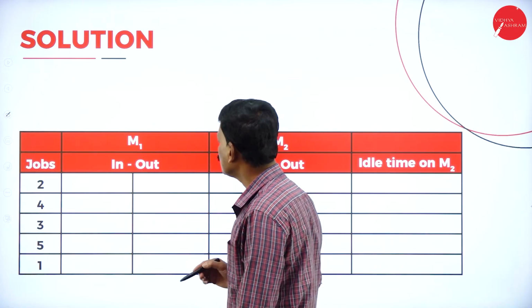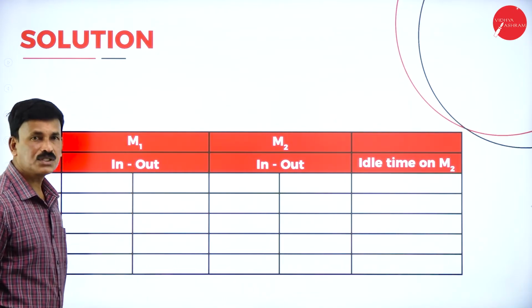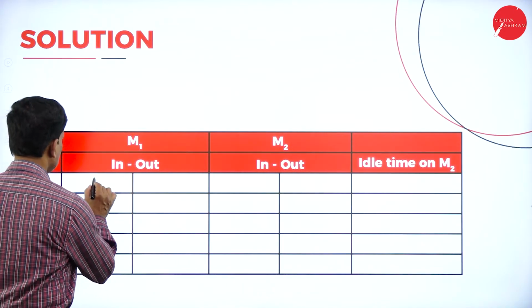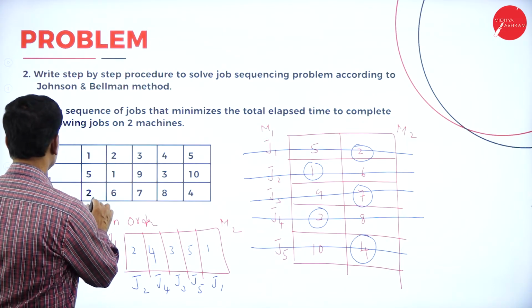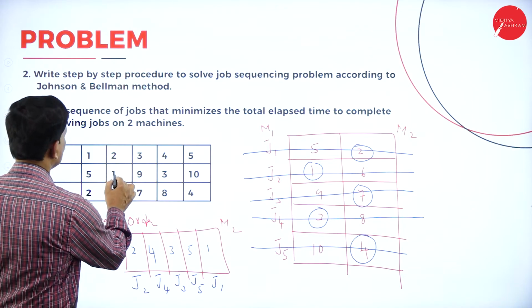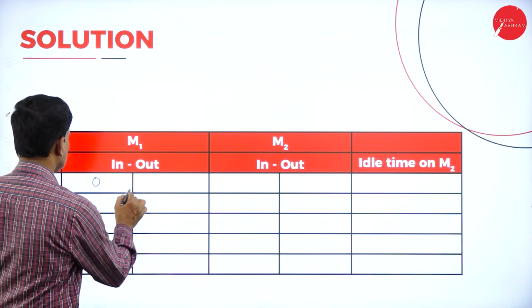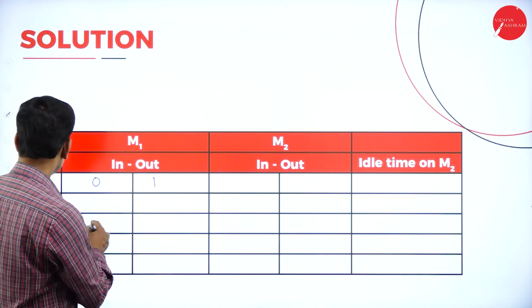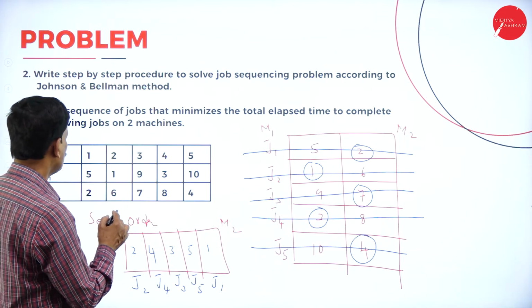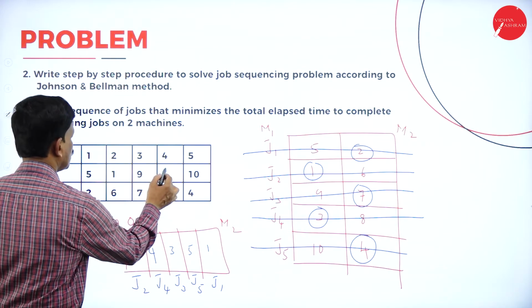Right. Now, let us come to the machine 1. So, let us write down the in time. In time is 0 for J2. The out time is 1. So, it is 0 to 1. Then, for the next, J4, the out time will be 3.